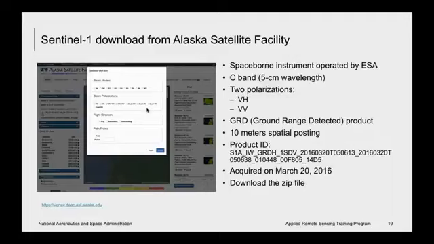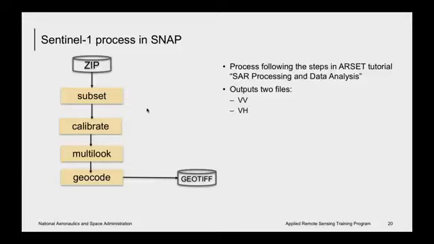We are using the GRD product, and the resolution is 10 meters. In this case, I'm showing you how to download one product. At the end of the results, I will show you how to combine information from 2 different days. It does help to do temporal filtering in this case. It helps to beat down the noise. So we're going to do 2 dates today, but you can do more than 2 dates.